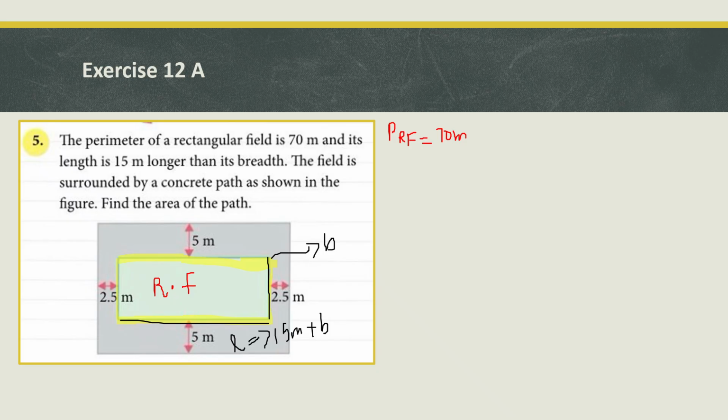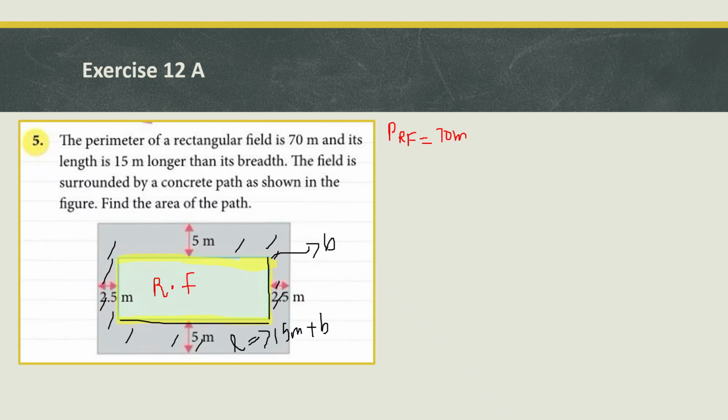And what is this? 5 meter, 5 meter, 2.5 meter, 2.5 meter. Basically this is the distance, the same as we did in the previous video. The top and bottom distance is 5 meter, right and left is 2.5, 2.5.